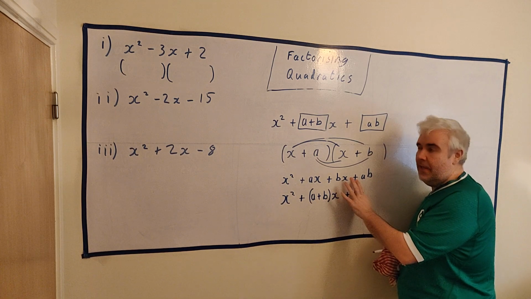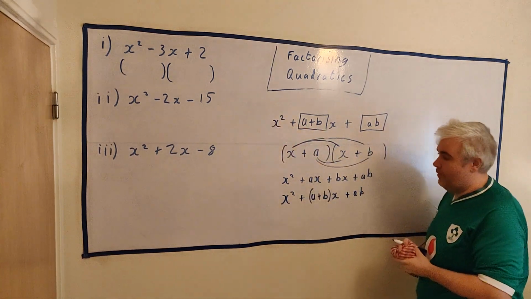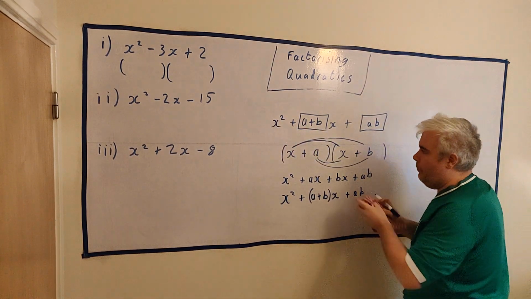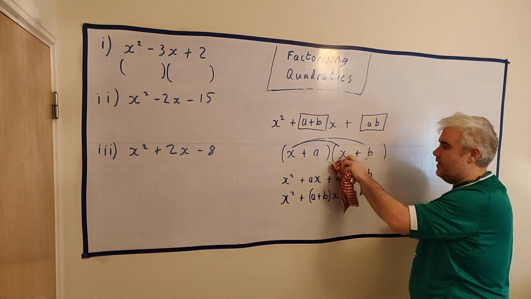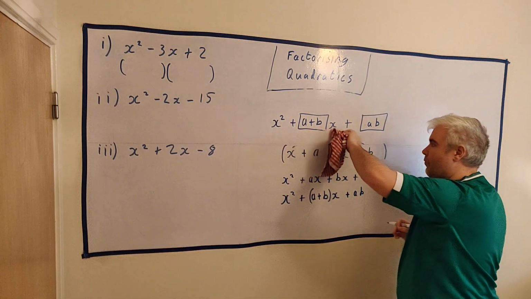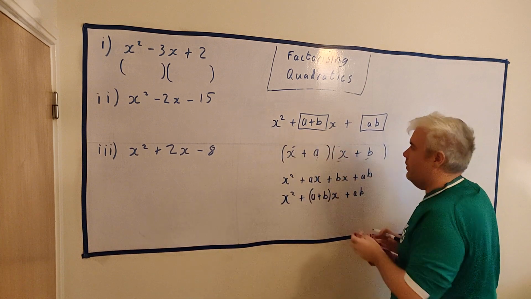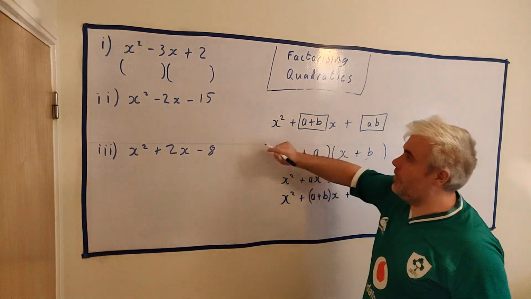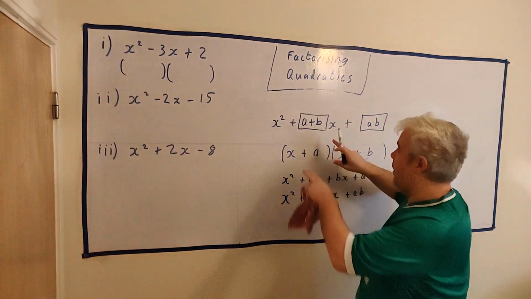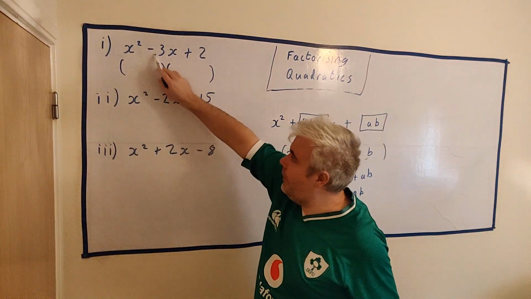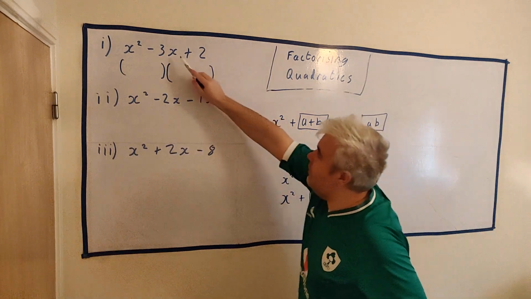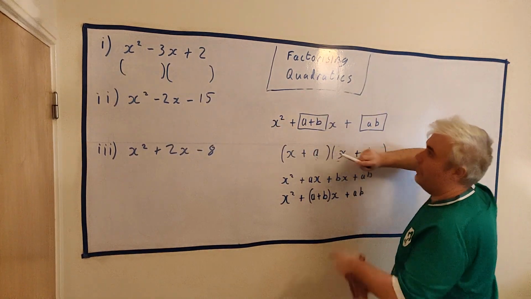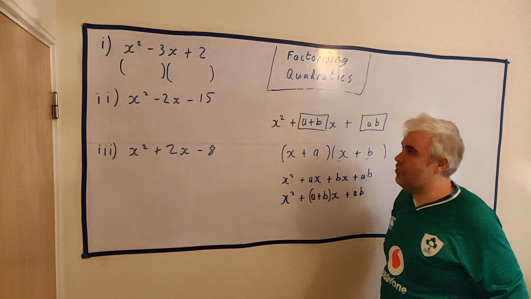Now I'm going to rub all this out just so it looks the same over here. So we were given a question that looked like this: x squared, something, minus 3x plus something, plus 2.